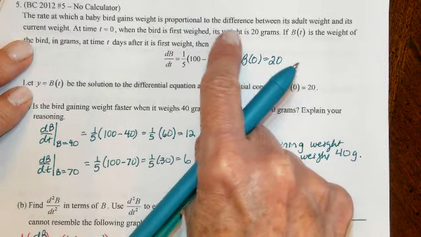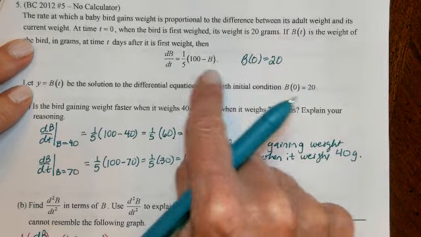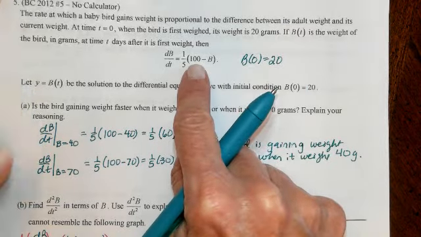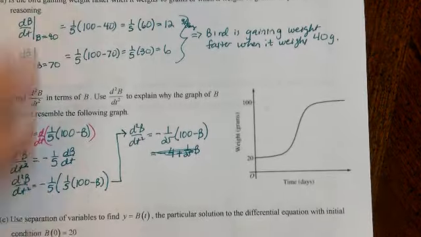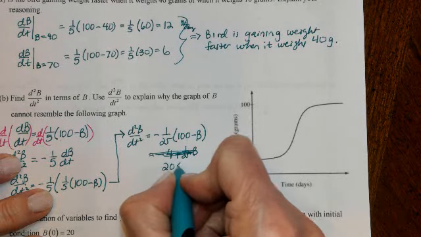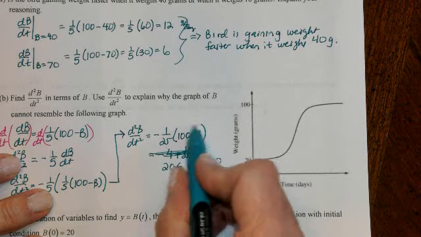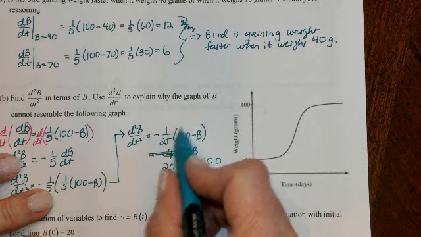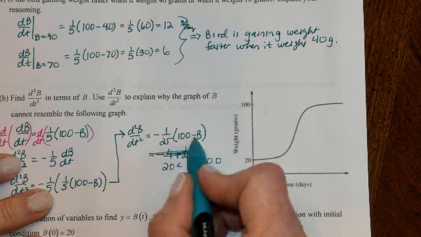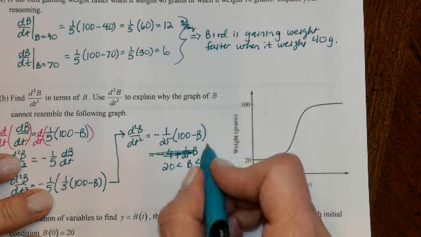This is the difference between its adult weight and its current weight, right? So B is between 20 and 100. So this piece is always positive. And so negative 1/25 times a positive.